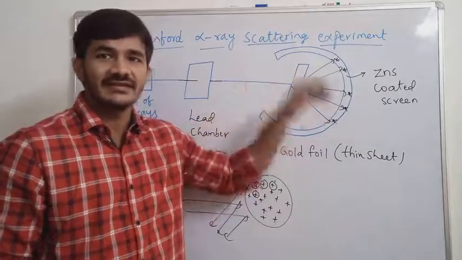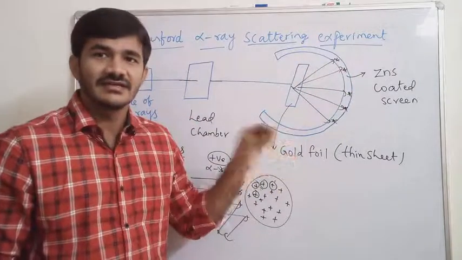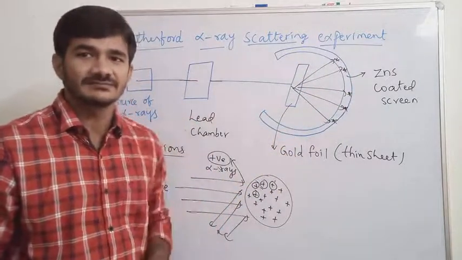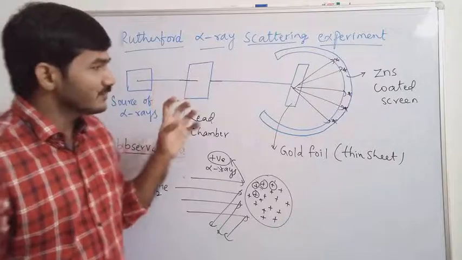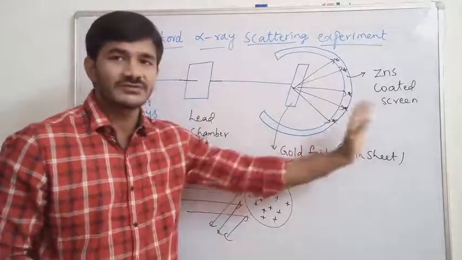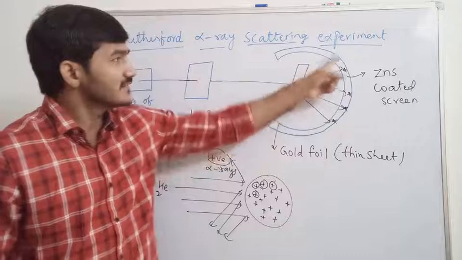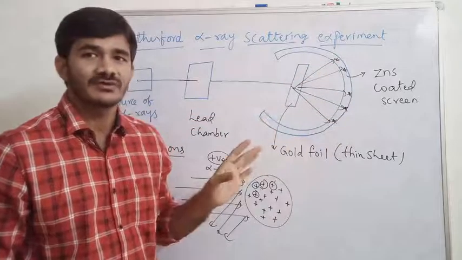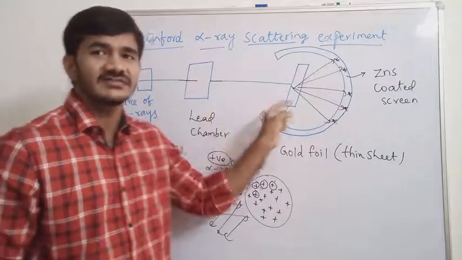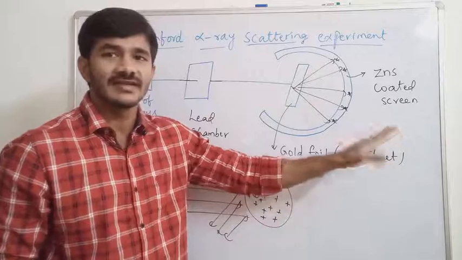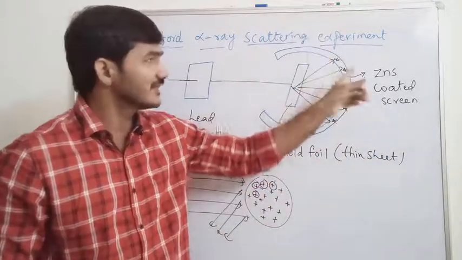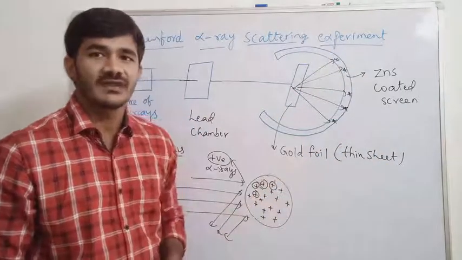Whenever light hits the zinc sulfide screen, it gives bright spots. So how could he identify that most of the rays pass through the gold foil? Based on these bright spots. Most of the rays pass through the gold foil. They are not deflecting. They go through the foil and give the bright spots.